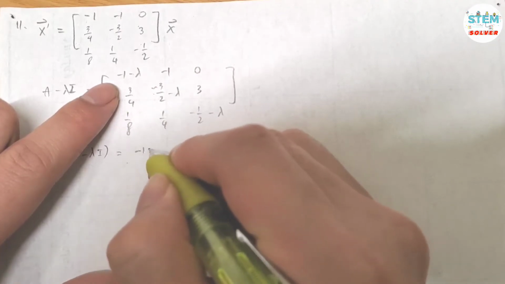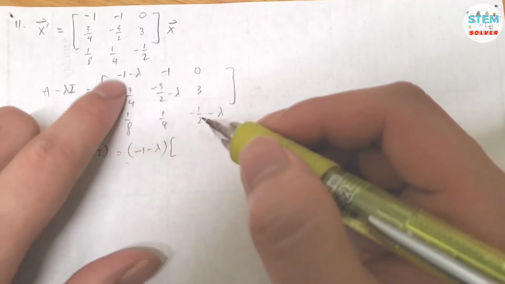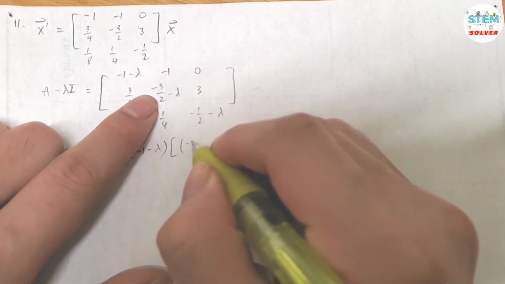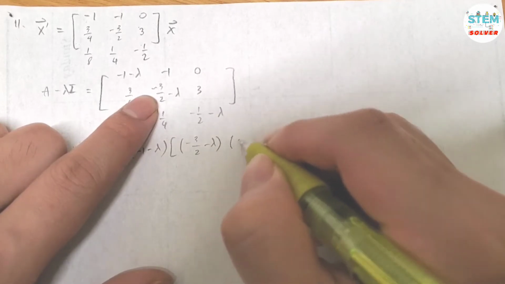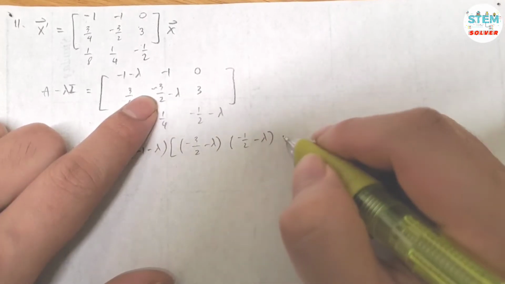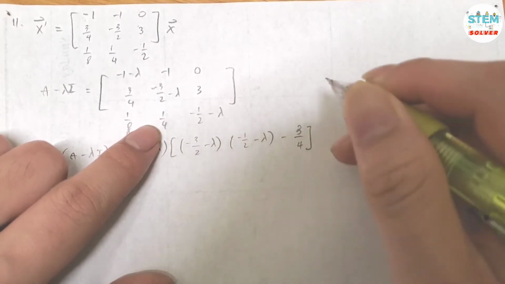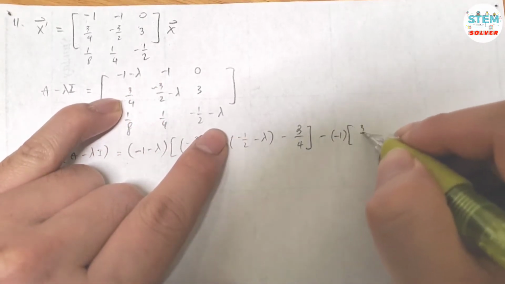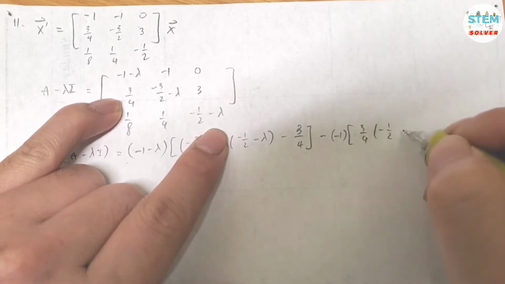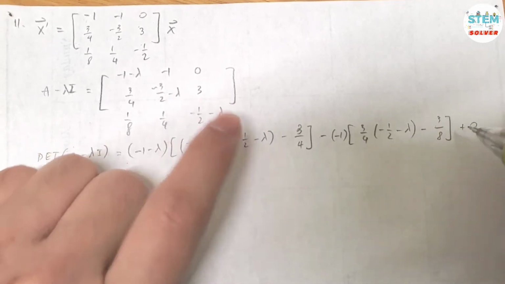I have -1 minus lambda times, cover this row and this column, so -3/2 minus lambda times -1/2 minus lambda minus 3 times 1/4. Okay, and then minus -1 times 3/4 times -1/2 minus lambda minus 3 times 1/8. Okay, and then plus 0.